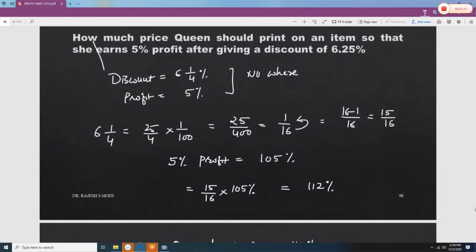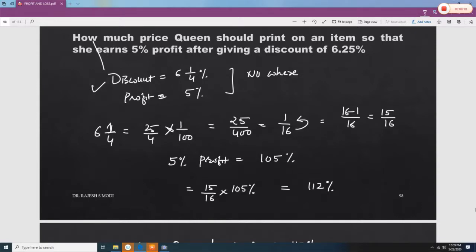How much price should Queen print on an item so that she earns 5% profit after giving a discount of 6.25%? So Queen is giving a discount of 6.25, means 6 and 1/4, and profit is 5%. So 6 into 4 is 24, plus 1 is 25, so 25 over 4, multiplied by 1 over 100, so it is 25 over 400, so 1 over 16.